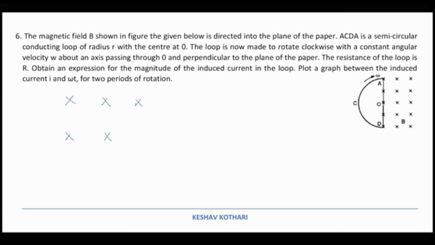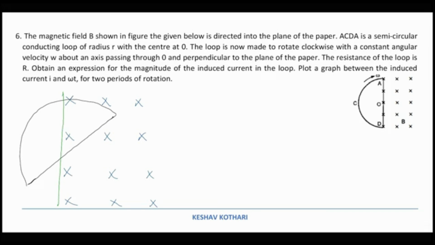This is the region of magnetic field which we have, and I am considering that this semicircular loop is rotated like this, and on being rotated, this is the new patch that is introduced into the region of the magnetic field.